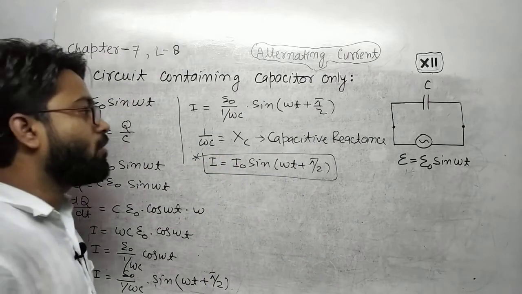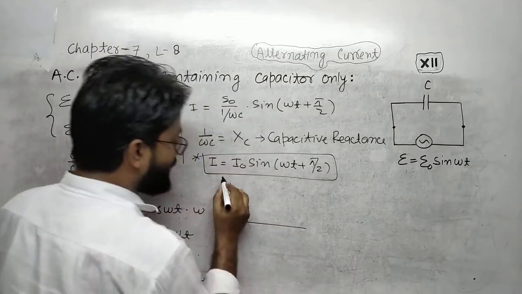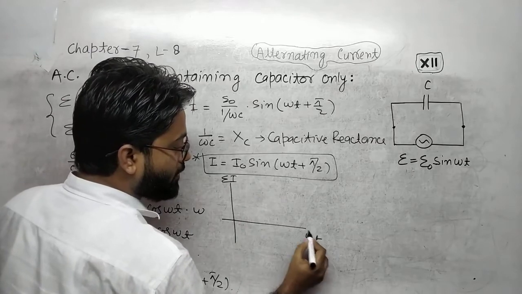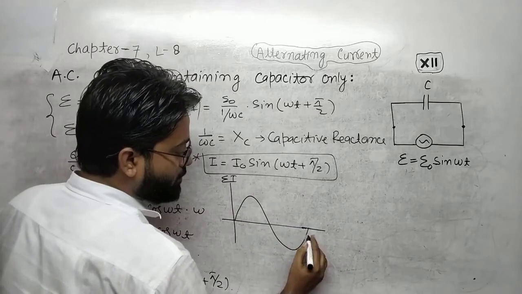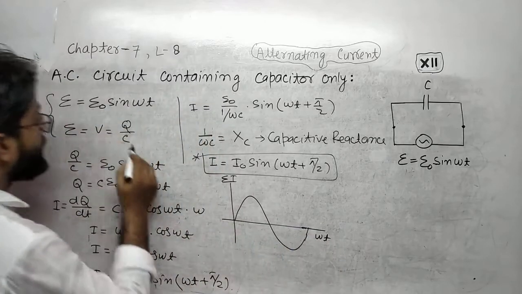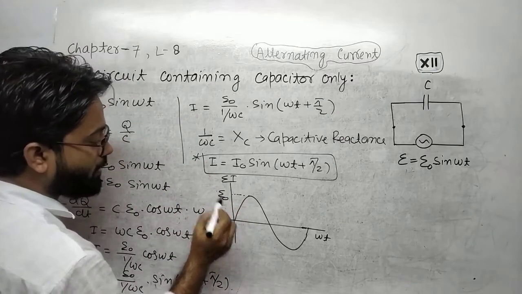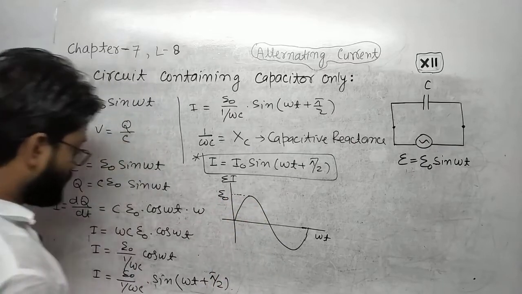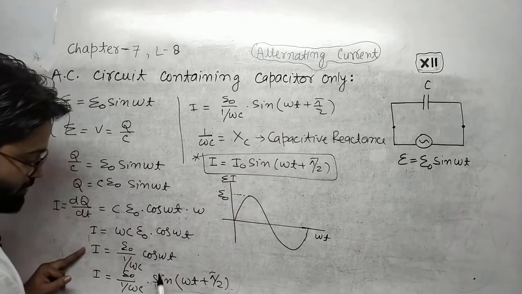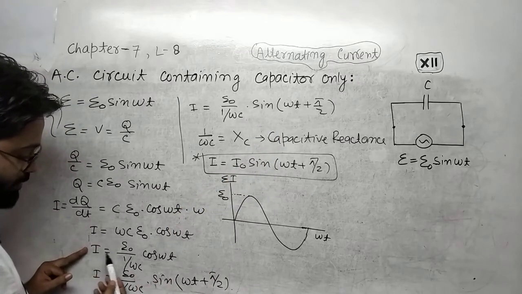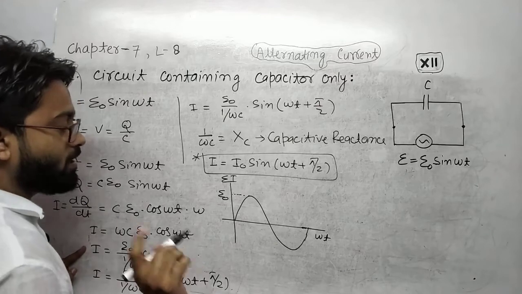Now we have to draw E and I versus omega t. This is the function E equals E naught sine omega t, and this is the maximum value, E naught. Now time to draw. Here I is equal to I naught times cos omega t, so the current function will be cos.